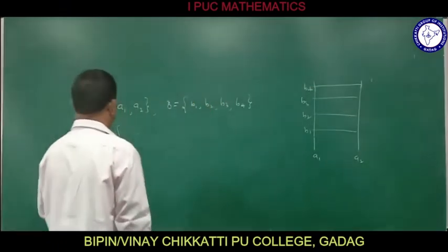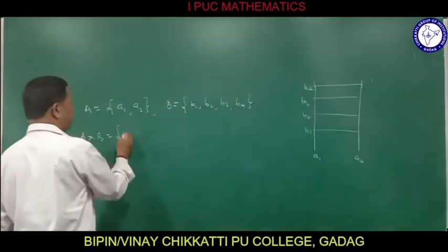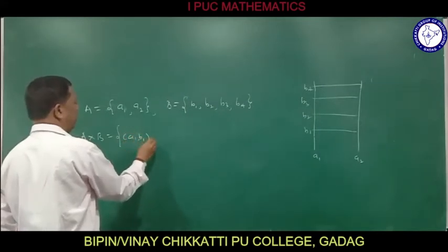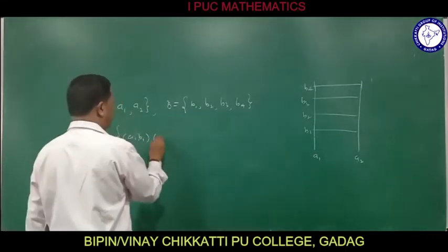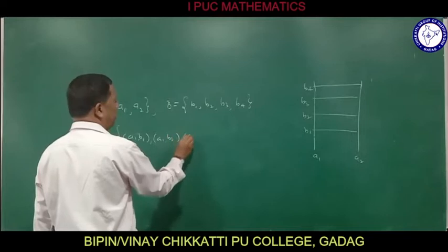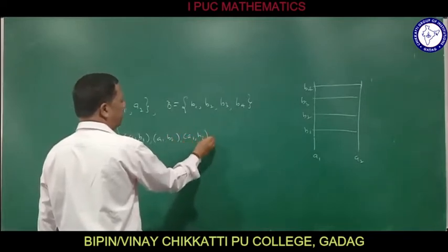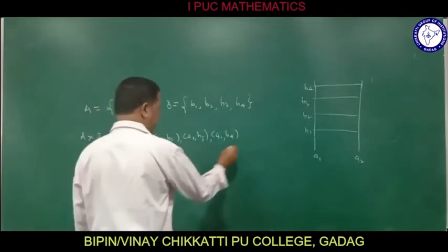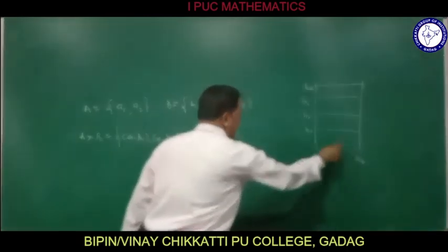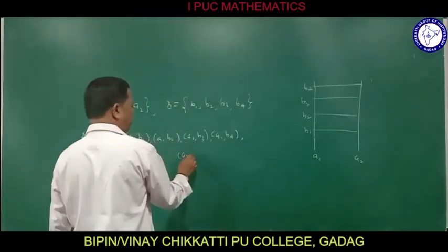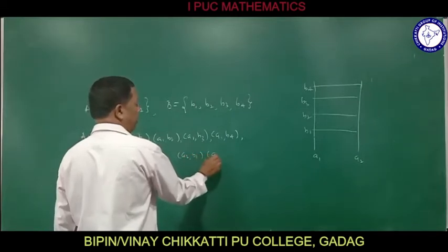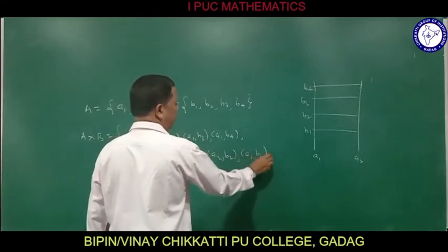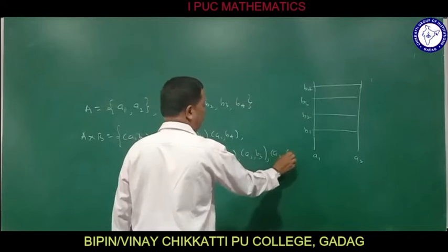So now you see the product: A1, B1, next A1, B2, A1, B3, A1, B4, and continuing, next A2, B1, A2, B2, A2, B3, and A2, B4.